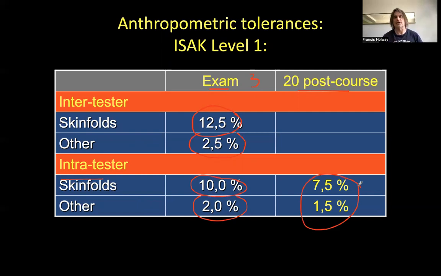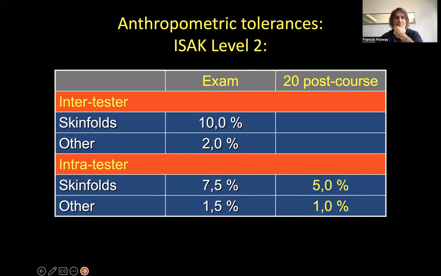If you practice in your course, you pay attention, you correct your measures against your instructor, and you do your work in 20 post-course profiles, you will achieve these tolerances and get your ISAC certificate, which is like a driver's license in anthropometry. There's theory, and then there's practice, the main thing.